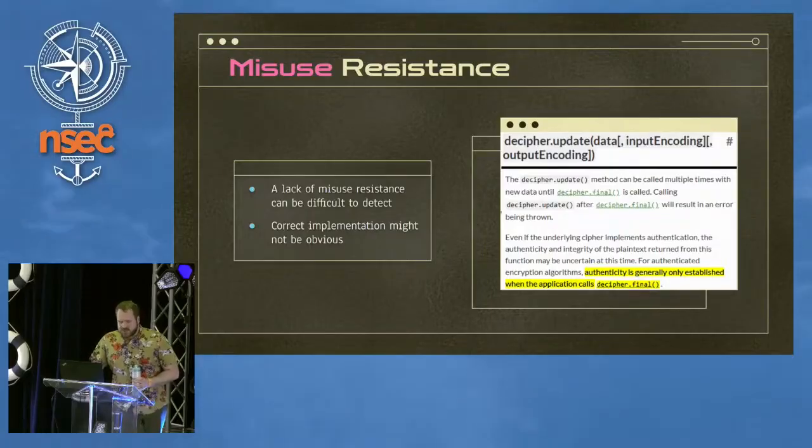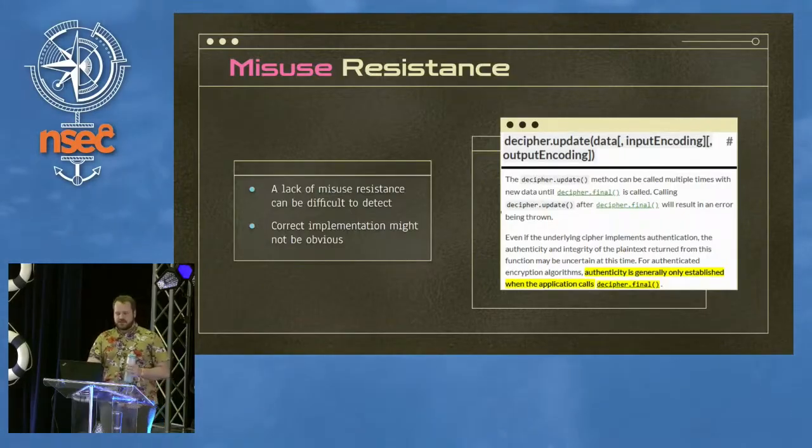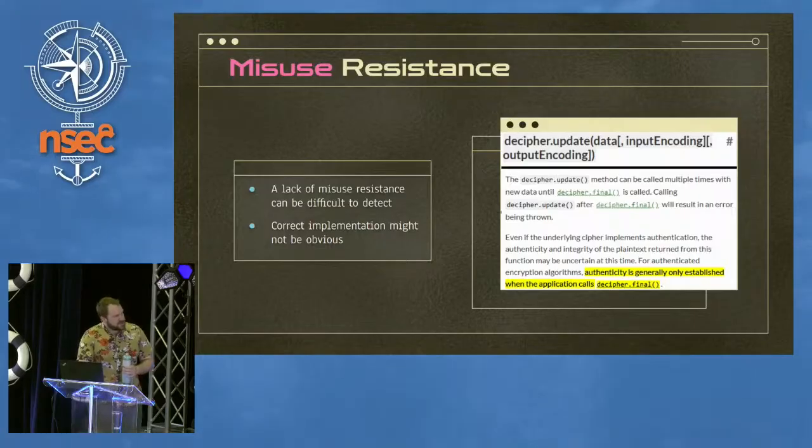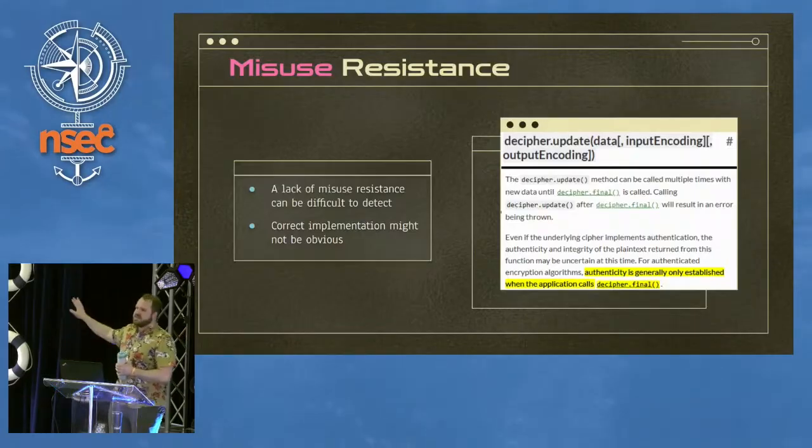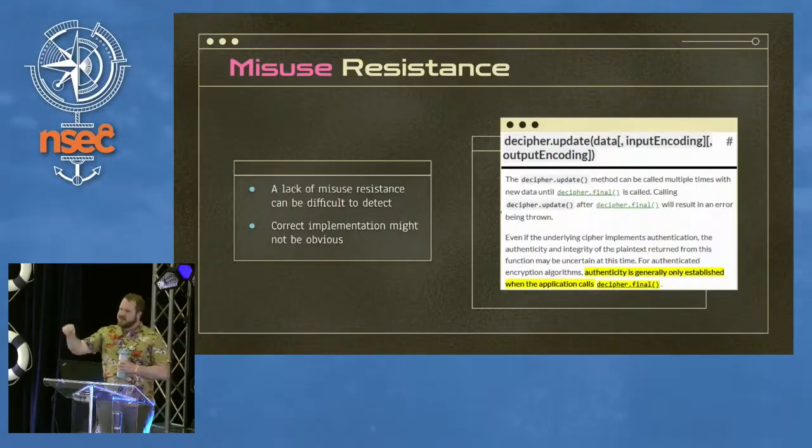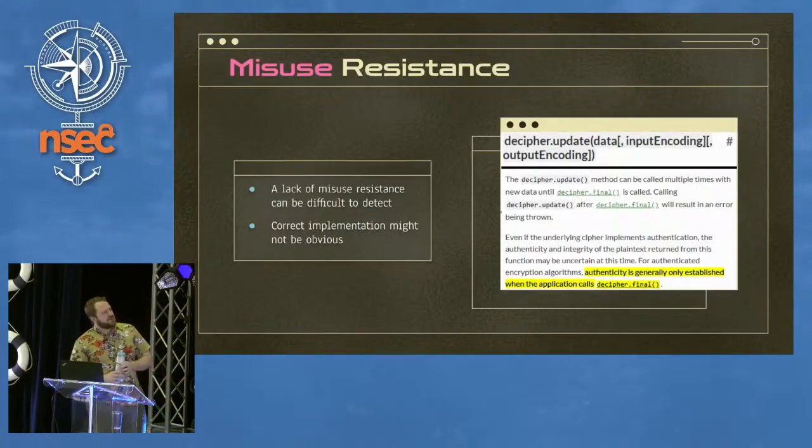Misuse resistance, just to conclude on that, it can be difficult to detect. I was looking at documentation for something completely different, and I saw that one line, and I'm like, no, it cannot be true. If I don't know about this, how many people don't know?